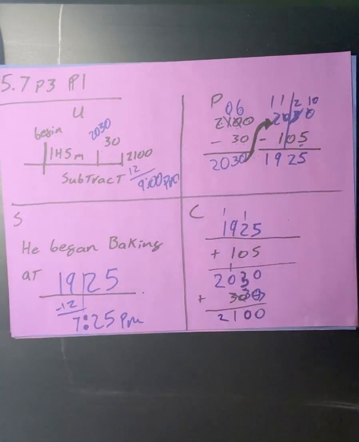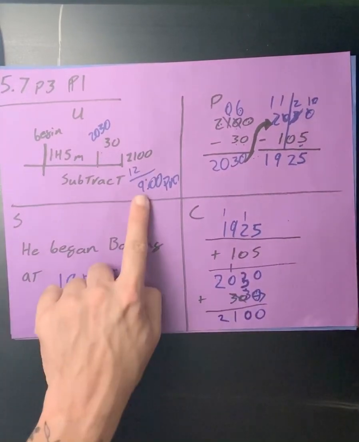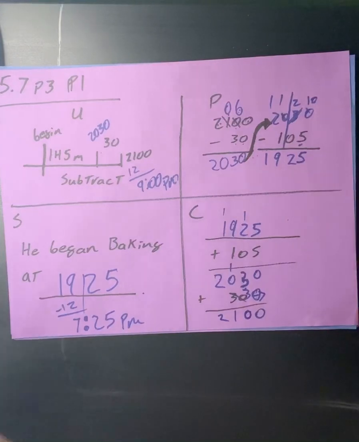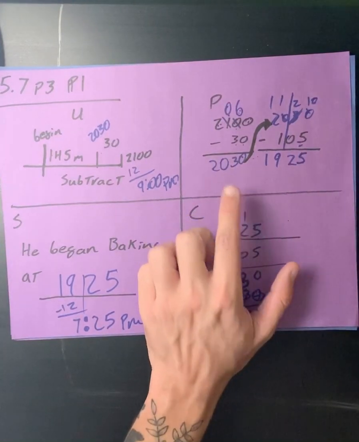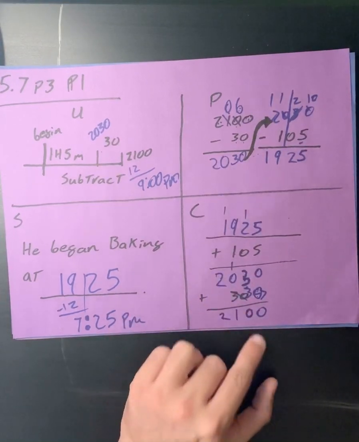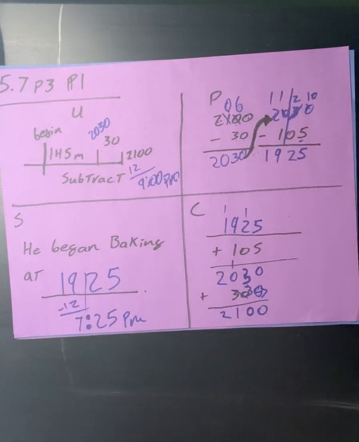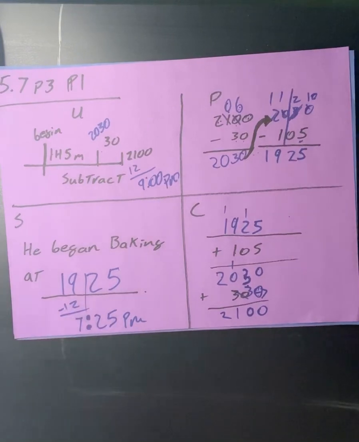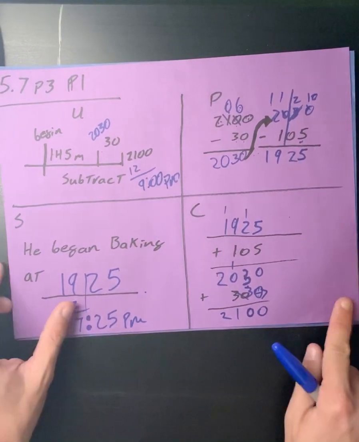So 2100 is the time he ended, which is what we originally got. So because I was able to reverse my math, going from subtraction to addition, I got that he ended at the same time, so my solution is correct.